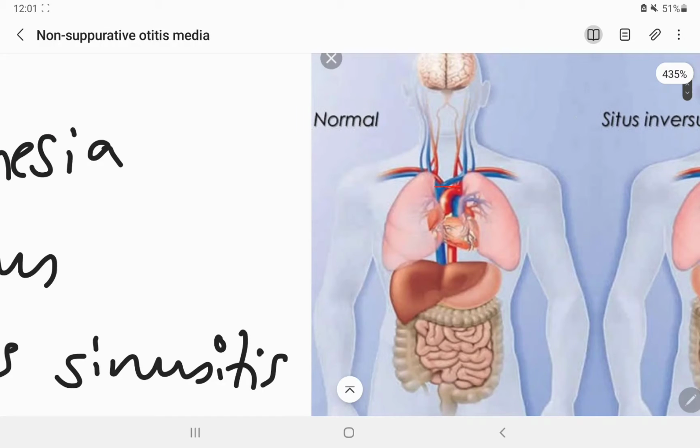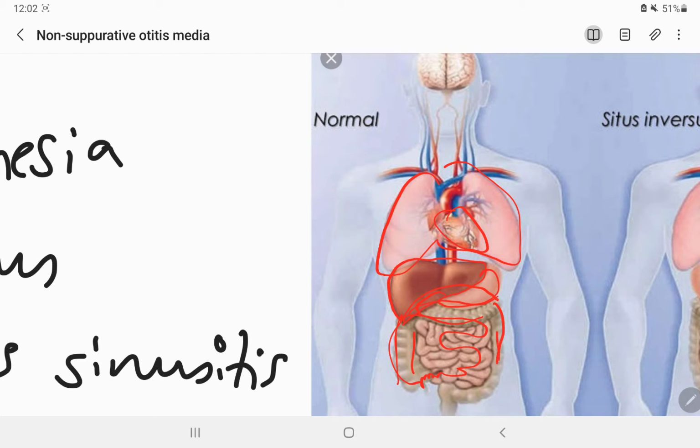They have two lungs and a heart on the left side, and then the liver on the right side, stomach, duodenum, jejunum, ileum, and all the small intestine, appendix, ascending colon on the right, transverse colon in the middle, and then the descending colon on the left, and then cecum, rectum and all. This is the normal configuration, where the organs are supposed to be.